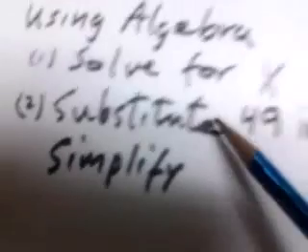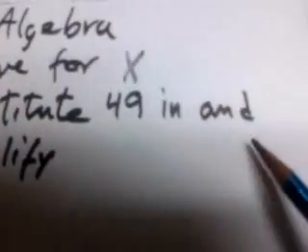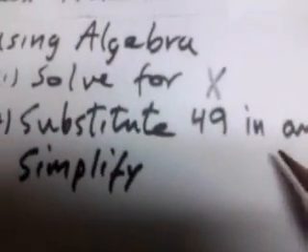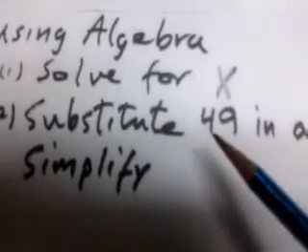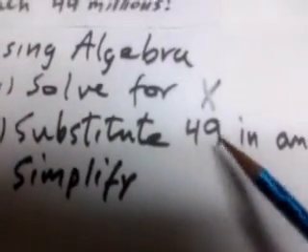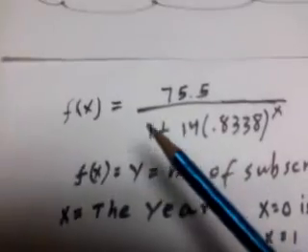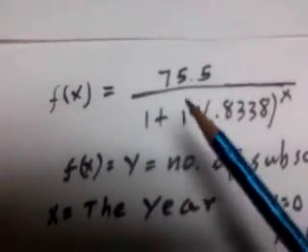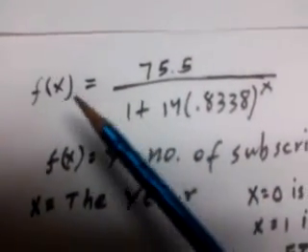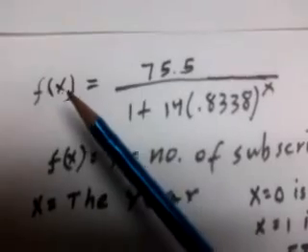After we solve the equation for x, then we substitute 49 in the problem for y, because the 49 represents the number of subscribers, and that's what y represents.